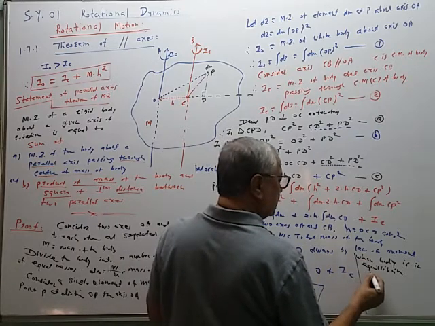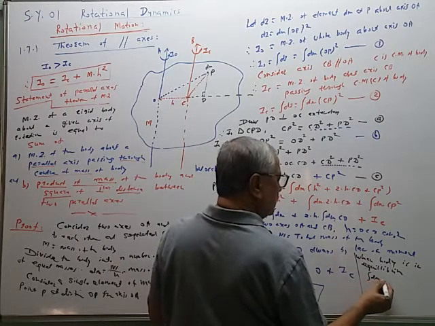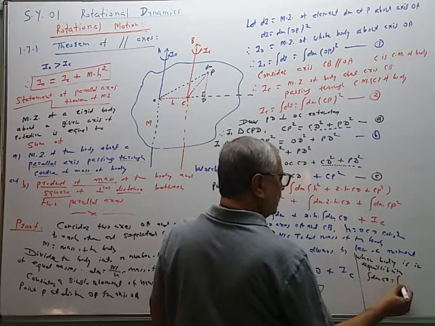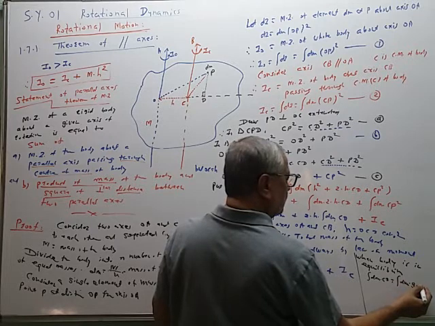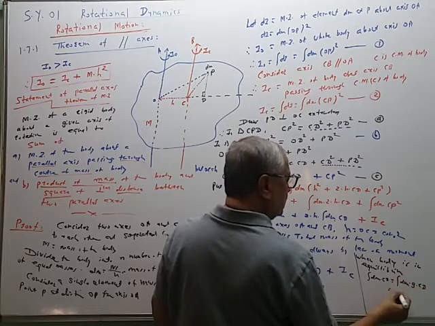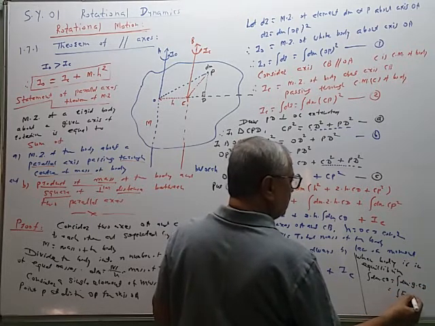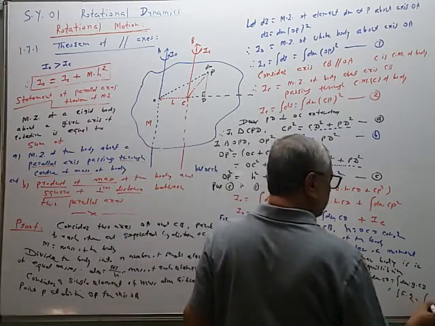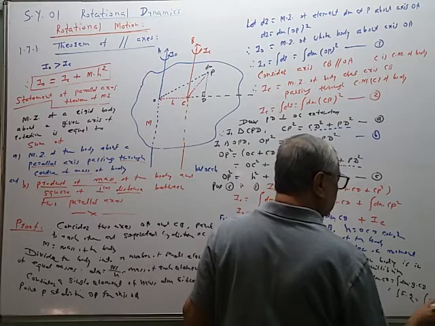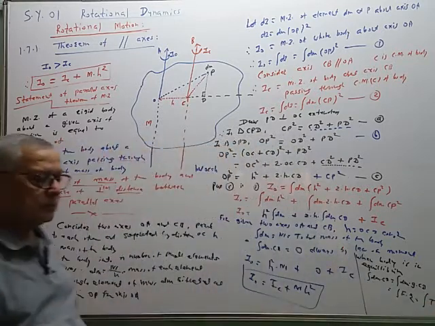So the expression is like this: integration of dm into cd is equal to integration of dm into g into cd. So this dm into g is a force multiplied by r. So that is equal to torque, total torque. So total torque in equilibrium position.